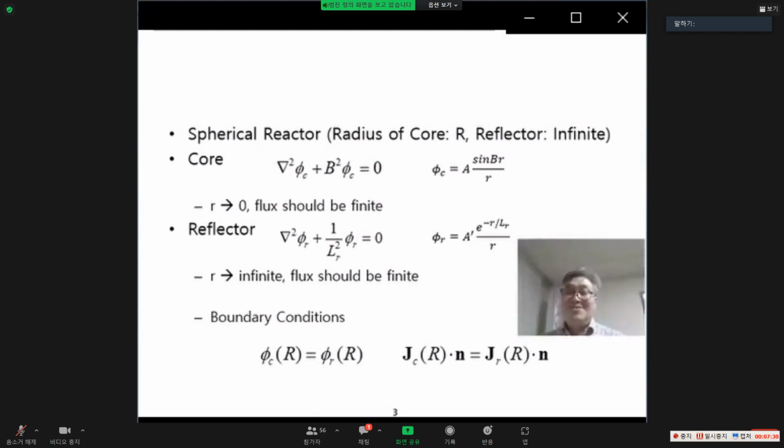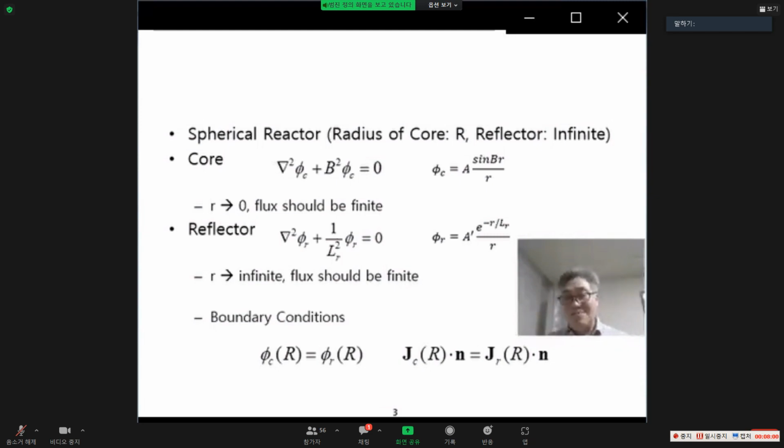So that means the differentiated value of phi at location R is the same. In mathematics, this is differentiable. So the first interface condition is the continuous condition, and the second interface condition is a differentiable condition.